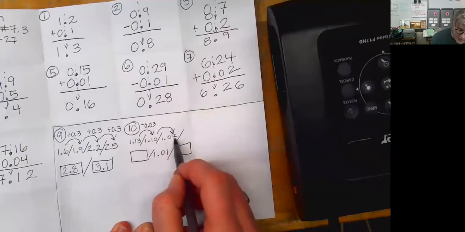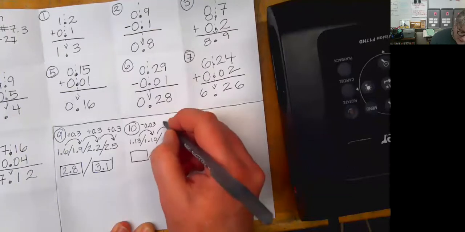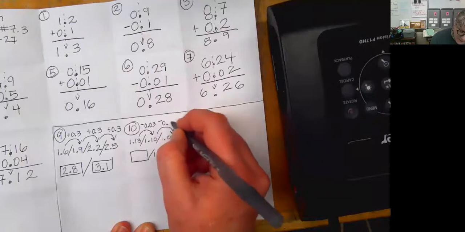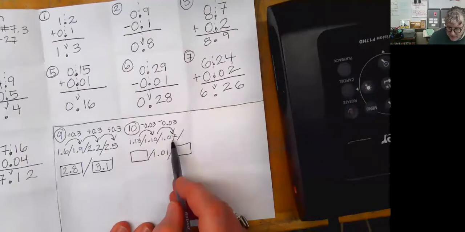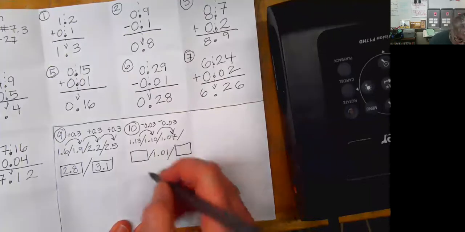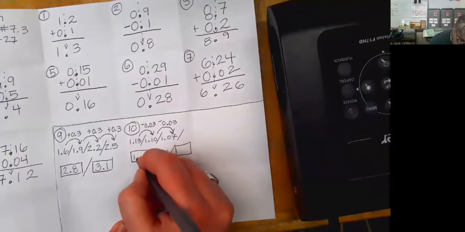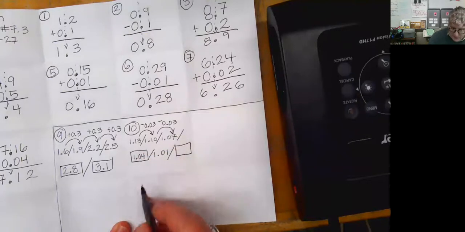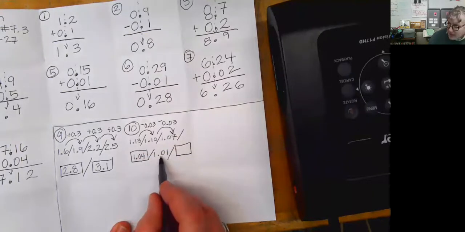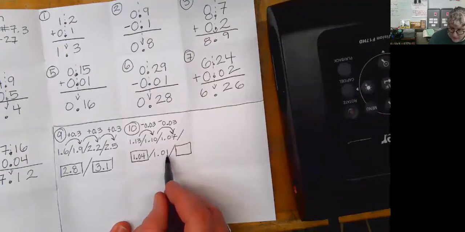Then I'm subtracting 3 again to get 7. So if I subtract 3 from 7, I get 1.04, right? If I subtract 3 from that, I get 1.01.